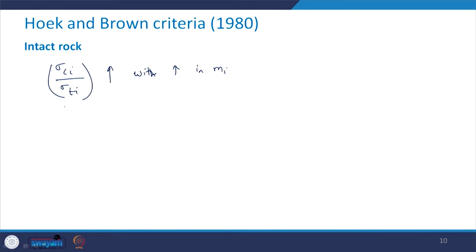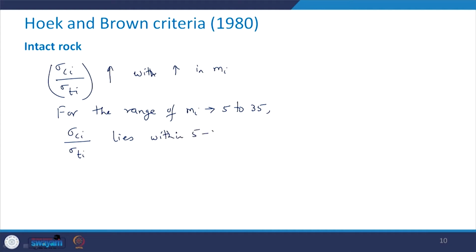And if we take a range of Mi from 5 to 35, this sigma Ci upon sigma Ti lies within 5 to 35.